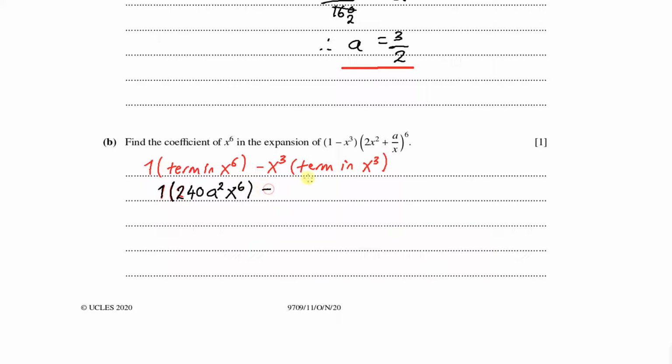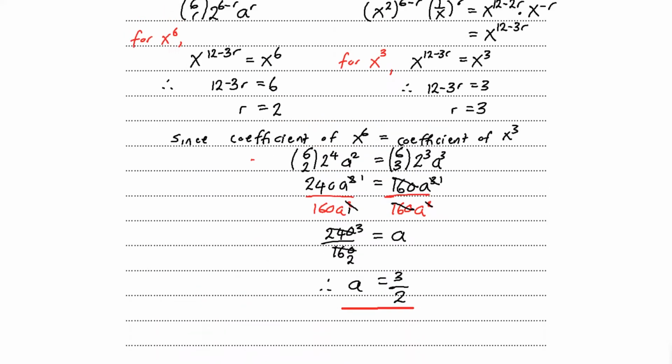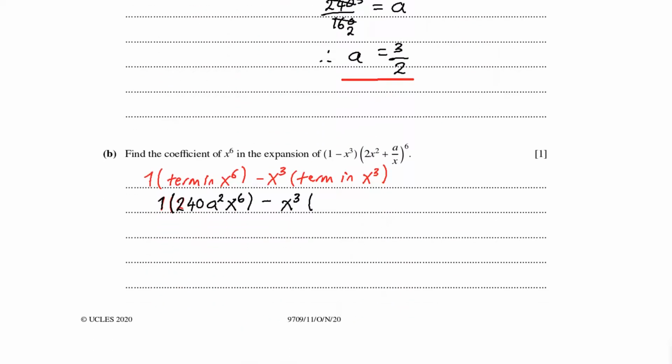And that's minus x cubed, and the term in x cubed in the binomial expansion, we had gotten the coefficient of x to the power 3 as 6 choose 3 times 2 cubed times a cubed, which then came out to be 160a cubed. So that's what we're going to use here. So that will be minus 160a cubed, and that will be x cubed.